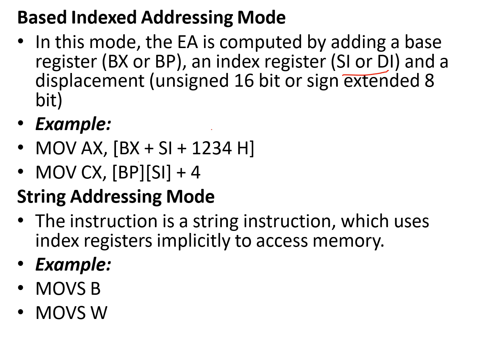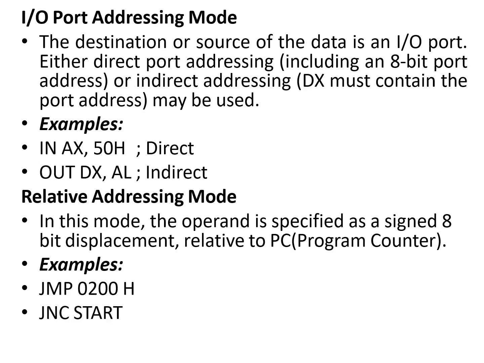Move string byte, move string word: these are the string addressing instructions used to move a string as bytes or words. IO port addressing is used for accessing data from input and output.